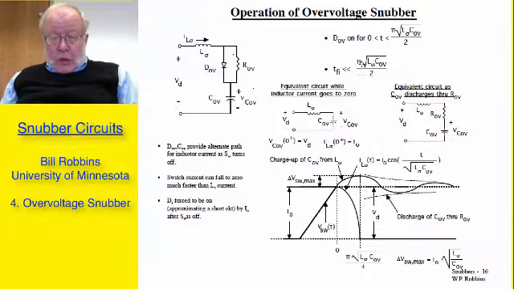We can derive that the current as a function of time during the time period when it starts to decrease is basically I naught times cosine of t over the square root of LC. After a quarter cycle of that natural resonant frequency, the overvoltage reaches a maximum value.